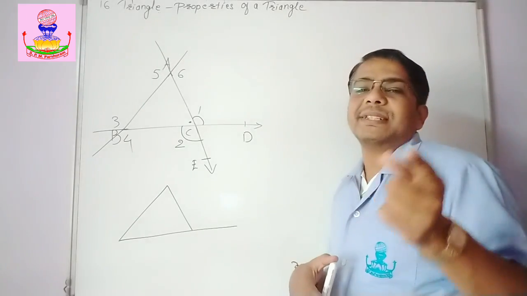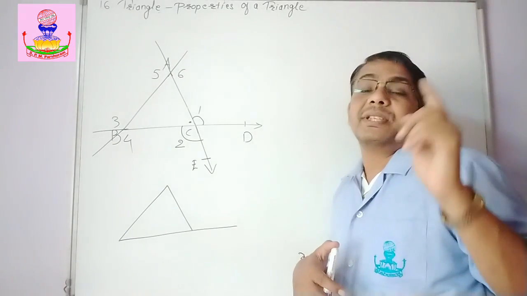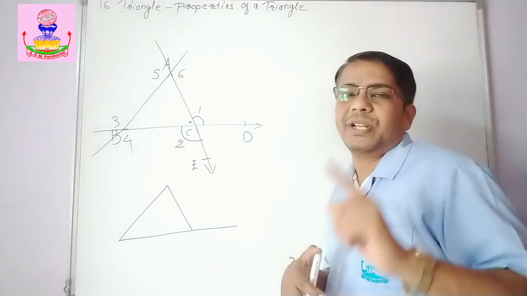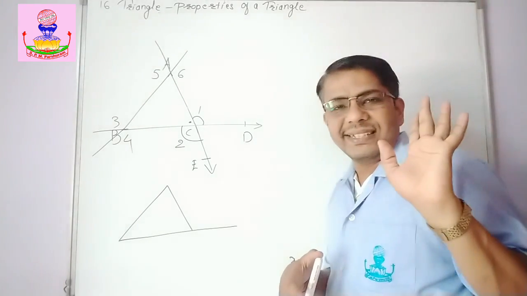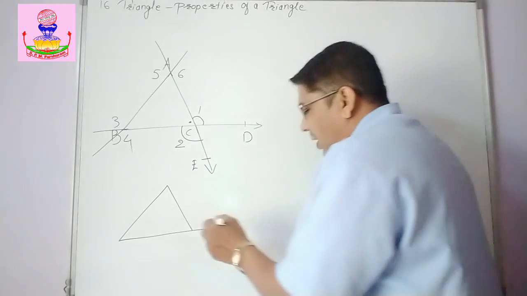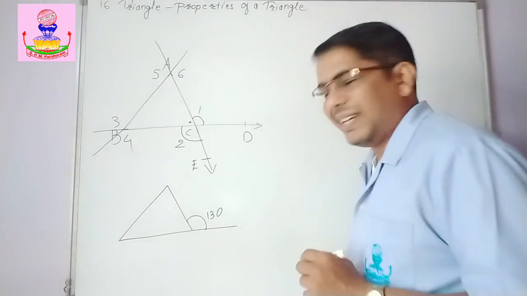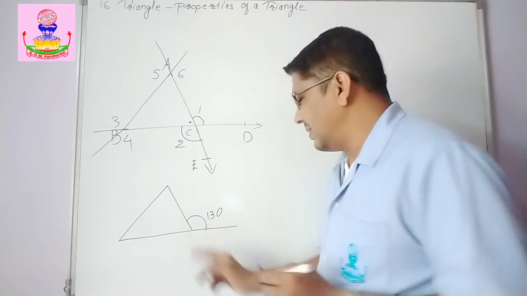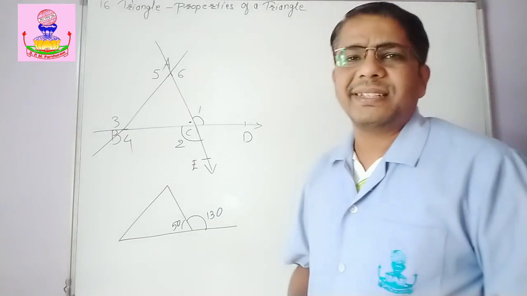In other words, the measure of exterior angle of a triangle is always equivalent to the sum of the measures of its remote interior angles. It is also called the exterior angle theorem. For example, if this is 130, this is going to be 50 degrees. Am I right?